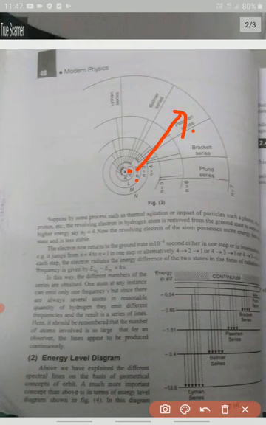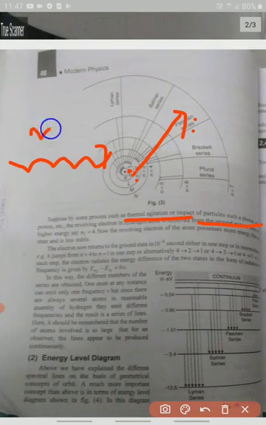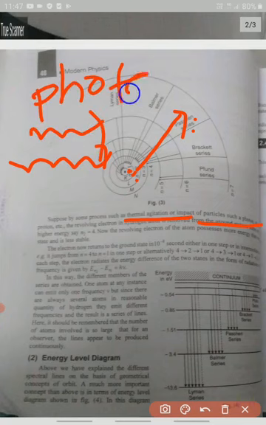Electrons do not move from a lower level to a higher level unless we apply external energy, such as thermal agitation. If we apply temperature to the atom, or impose light, that is photonic energy, on the hydrogen atom, electrons jump from a lower energy level to a higher energy level.